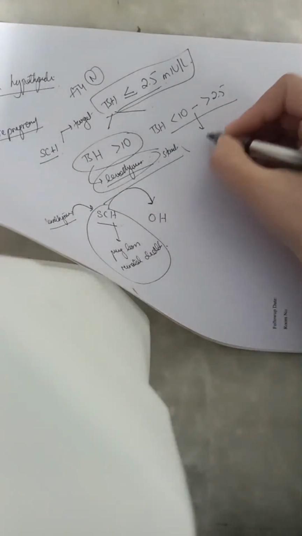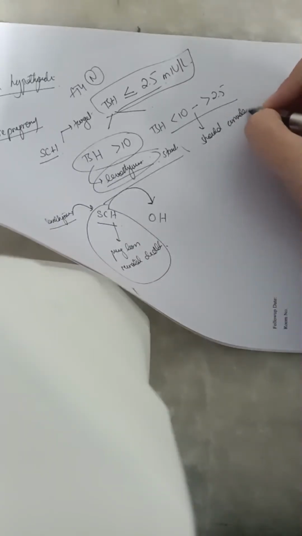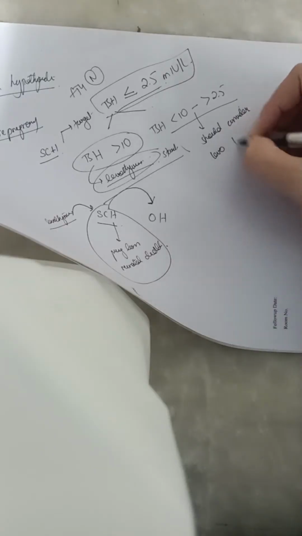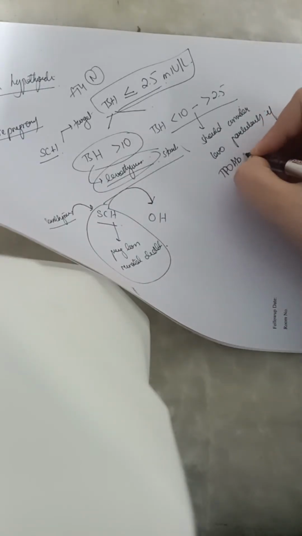In this scenario you should consider levothyroxine in those scenarios where TPO antibody is positive. Okay, should consider. The guideline is saying this line that you guys should know as it is. Should consider levothyroxine, particularly if TPO antibodies are positive.